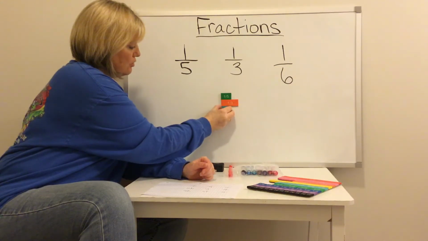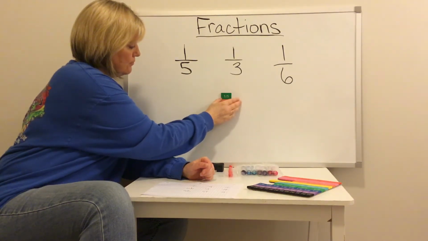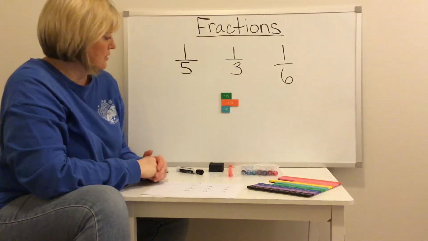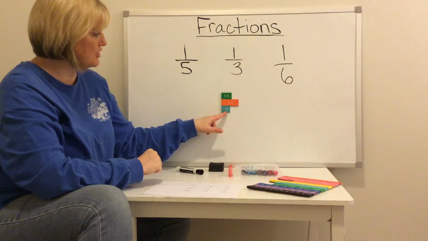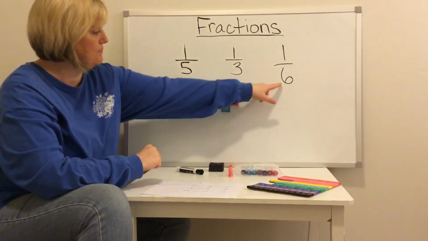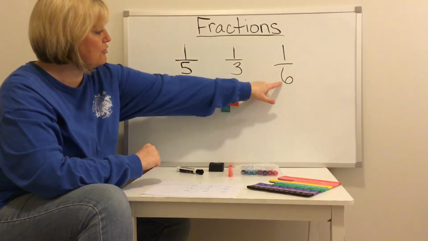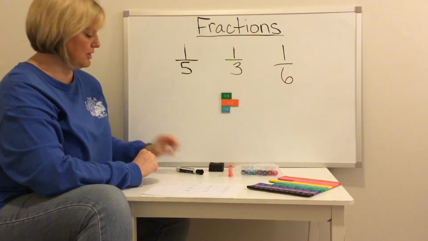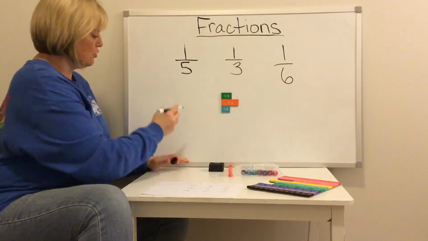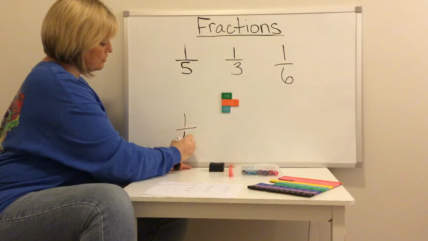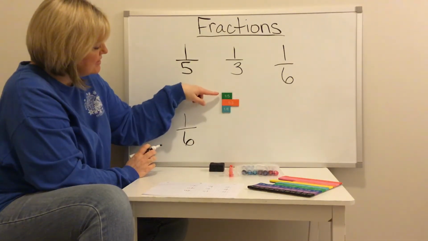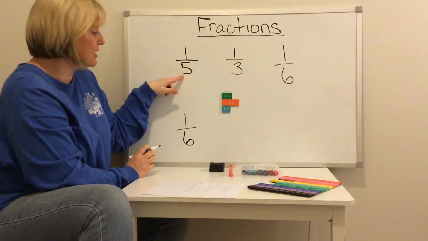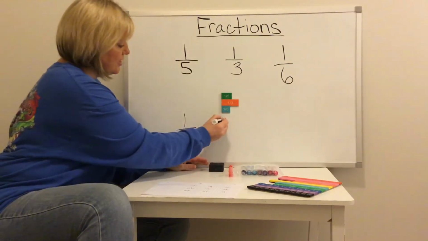And we look at those and compare them side by side, all right, we can see that the least piece, the smallest piece, is actually the 1/6 piece. Okay, so the bigger the denominator, the smaller the piece is going to be. So 1/6 would come first, going least to greatest. Then the next least is the next biggest denominator, which is 1/5.